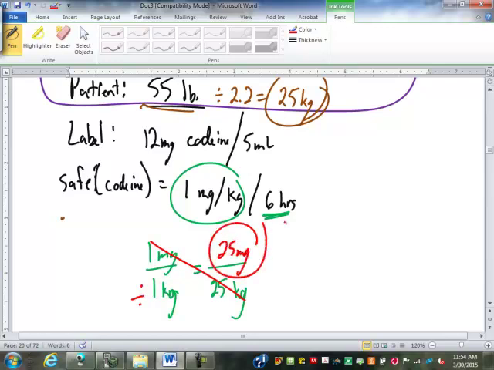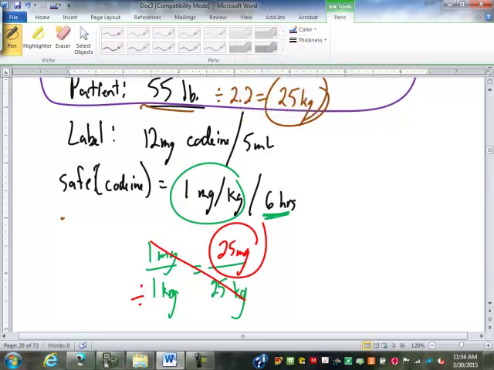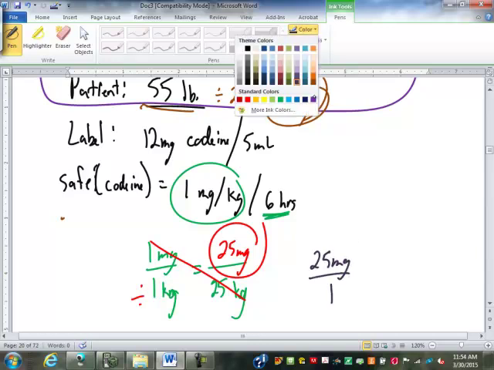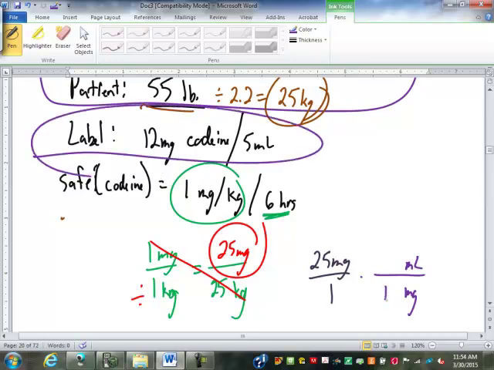Well, 25 milligrams is going to be how many milliliters? We're going to take 25 milligrams, put it over 1, and we're going to multiply. We know to put milligrams on bottom, milliliters on top. We're told here that 12 milligrams in 5 milliliters.